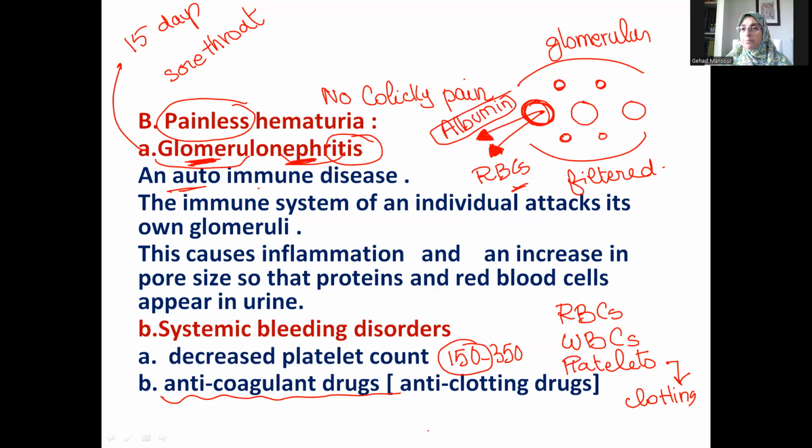And after having passed through this difficult situation or disease, medical doctors advise them to take anticoagulant drugs, drugs that prevent coagulation of blood, like, for example, drugs that prevent platelets, antiplatelet drugs, or even aspirin.